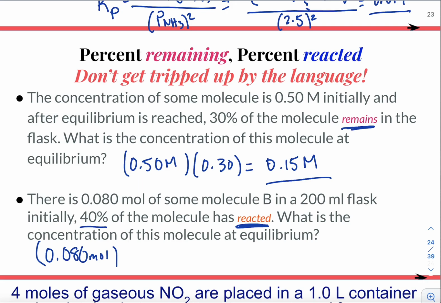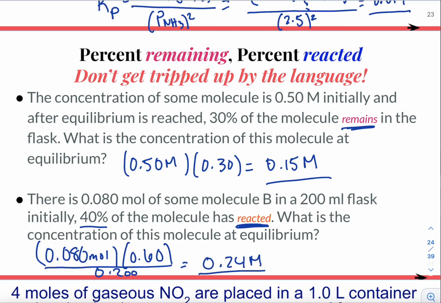We're looking for how much is left over, so we multiply by 60% because that's how much is left. We're also looking for concentration, so we divide by the liters, 0.2. And that comes out to 0.2 molar.